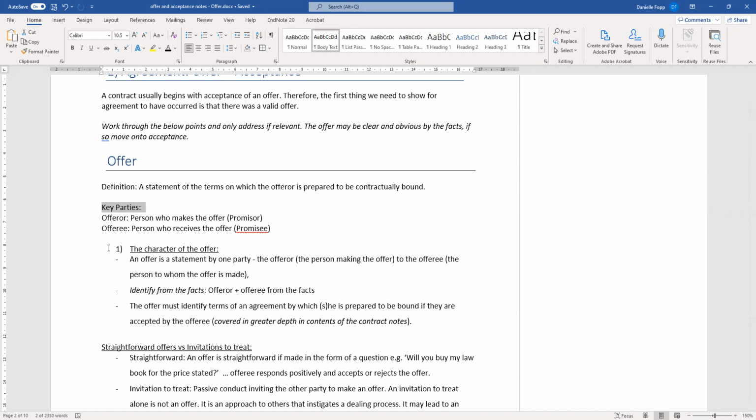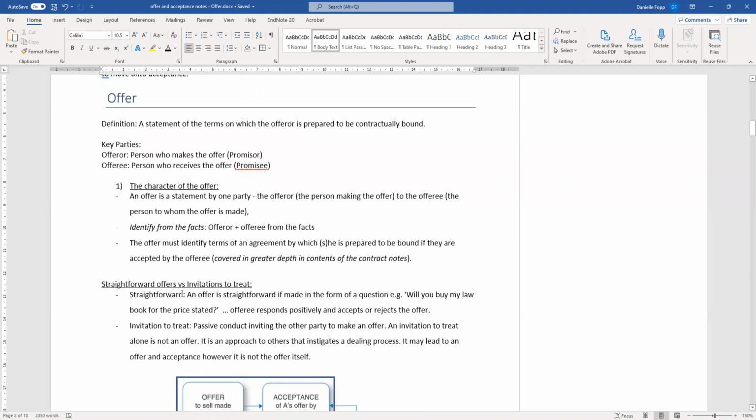You don't want to do that. So make it really clear, draw pictures if you need to, do whatever you need to make sure that you know who the person is who makes the offer and who the person is who receives the offer. And one of the first things I would be doing on your piece of scrap paper is writing offeror and then Susie, and offeree, Bentley. You've got to write that down.